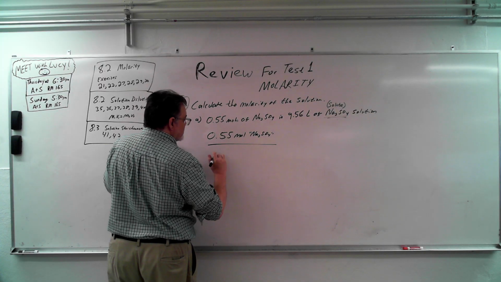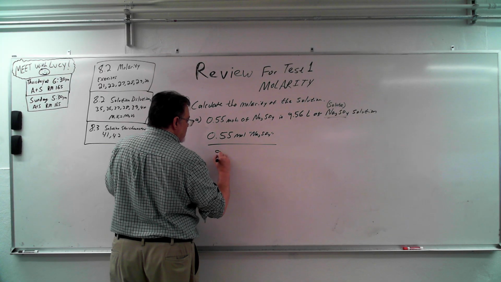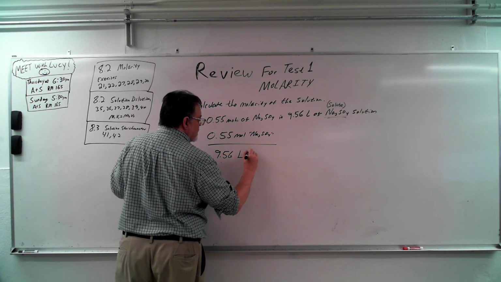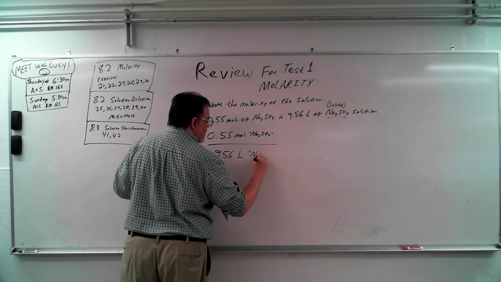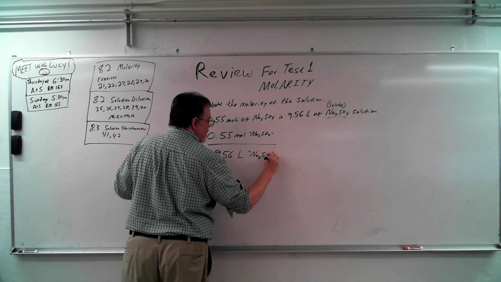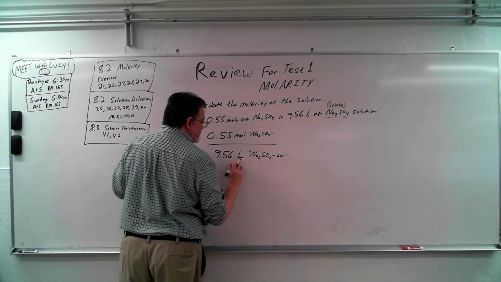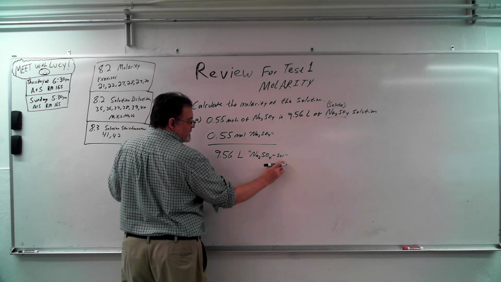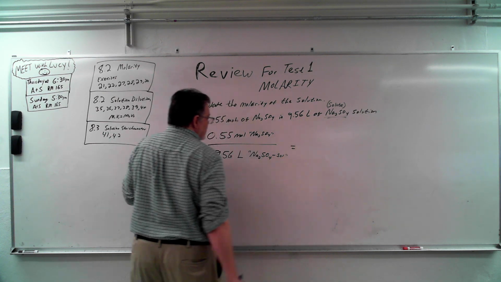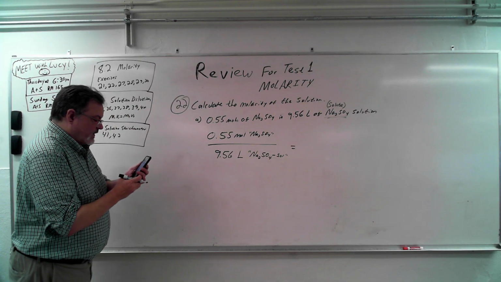And 9.56. I'm going to say solution because this is liters, so I'll put dash solution there. And that'll do it. That's going to put you in moles per liter. You just calculate it out.